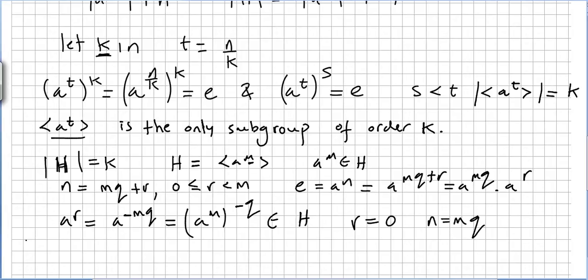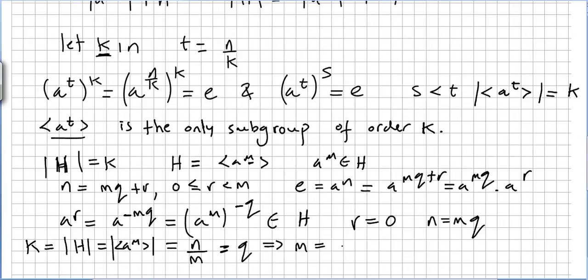Okay, so K will be the order of H. That will be the order of the group generated by A to the power of m, which, if you remember well, is n divided by m, and that will be q, right?